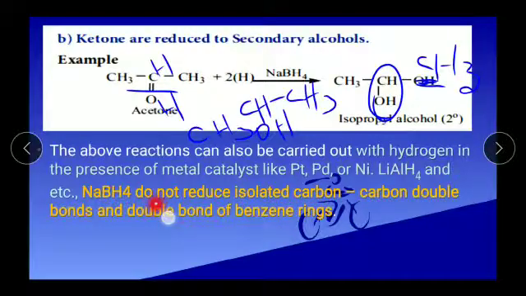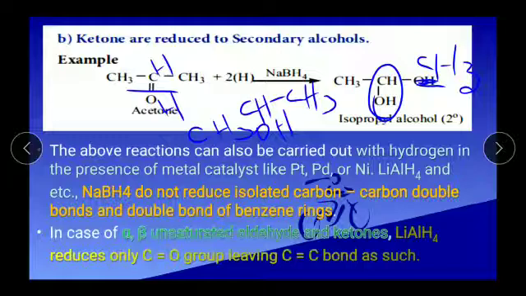If the reaction is carried out with hydrogen, they do not reduce the isolated carbon-carbon double bond and the double bond of the benzene ring.